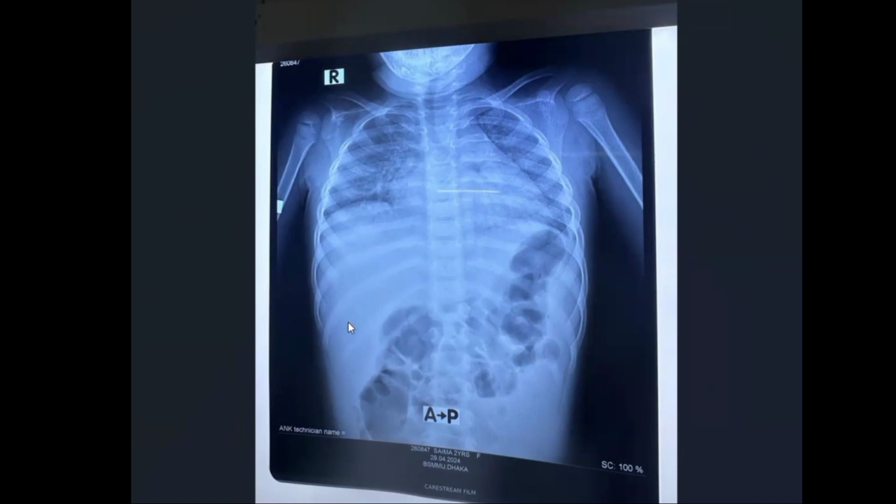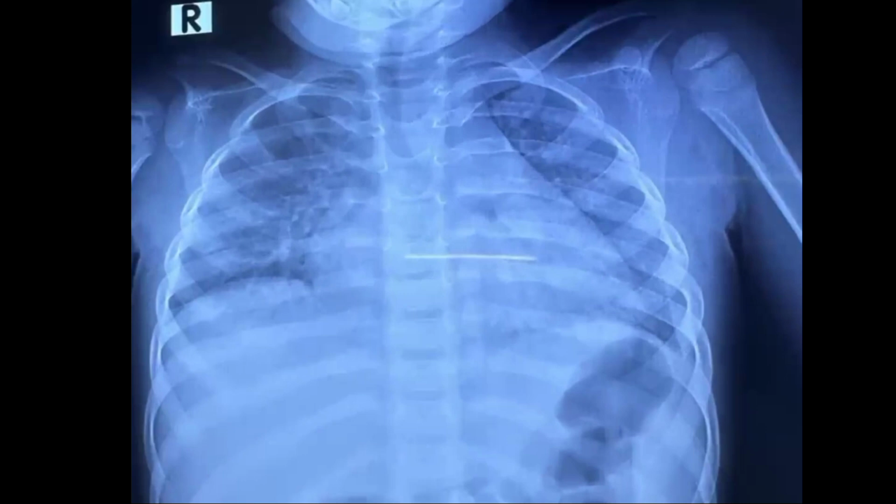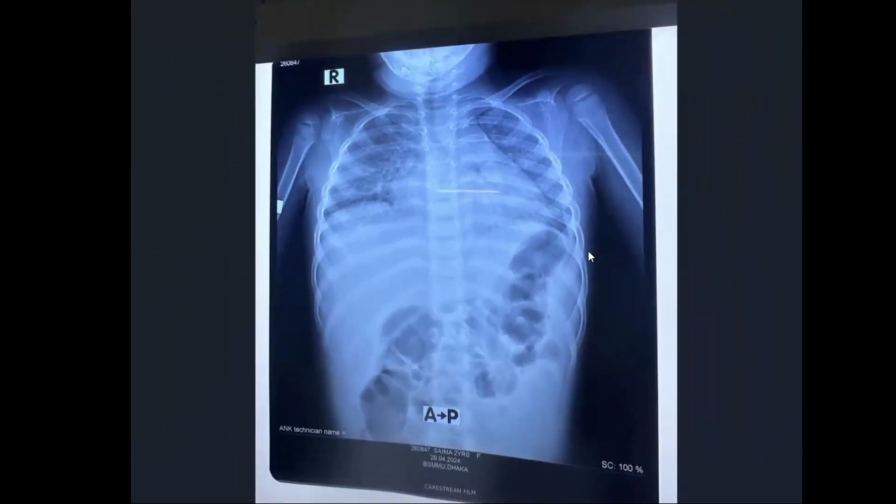This is chest X-ray, anterior posterior view of a 2 years old girl, showing first we will consider airway, that is trachea is centrally placed, though the trachea is deviated slightly to the right side of the chest, right? Here it is curved to the right side, but a slight deviation to the right is normal or physiological, right? So it is normal. Trachea is centrally placed.